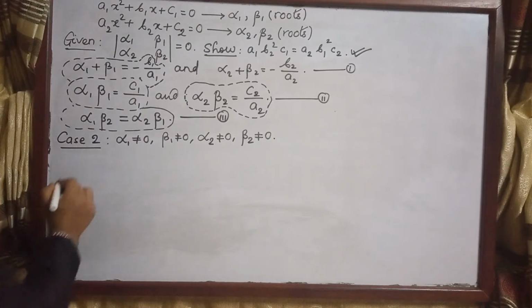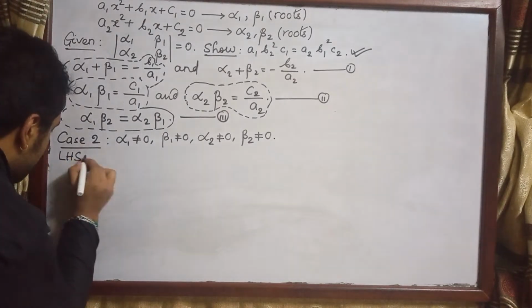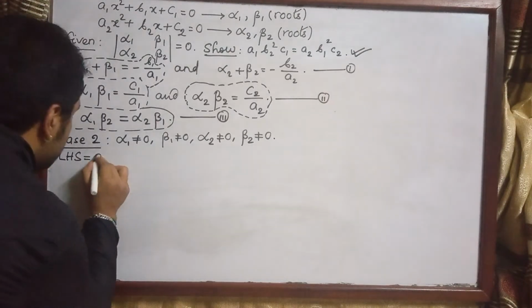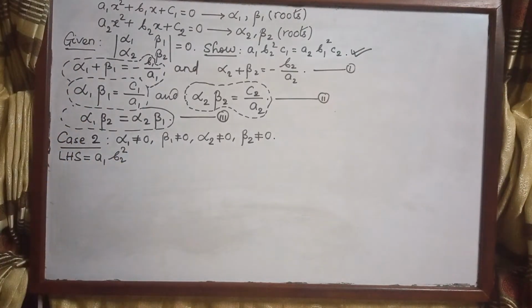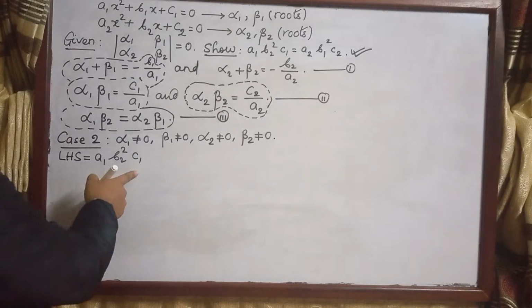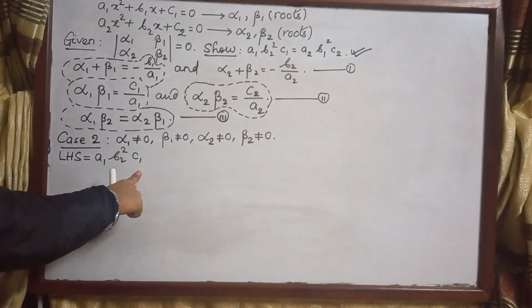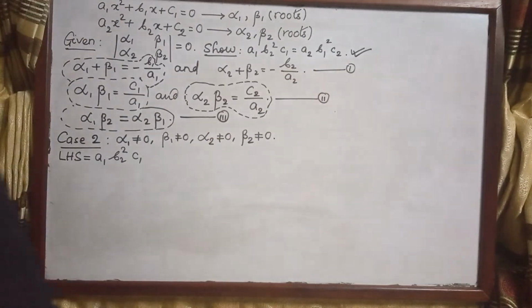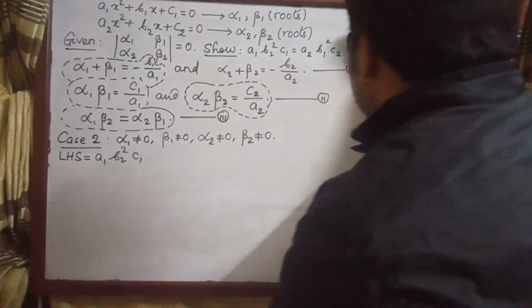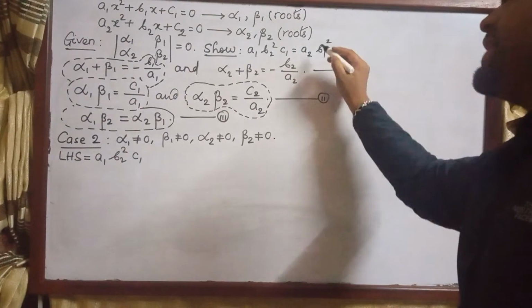Now in this case, let's see, left hand side is equal to a1 times b2 squared times c1, right? Okay, now let's see, we need a2 on the right hand side.